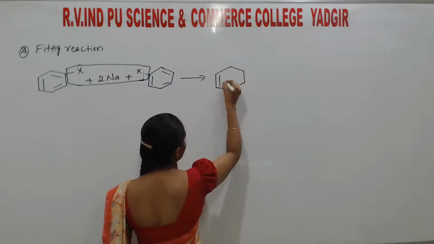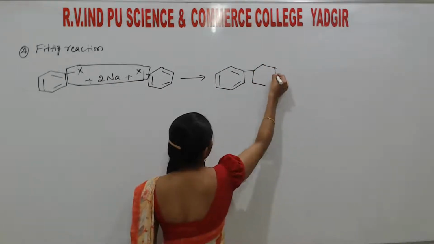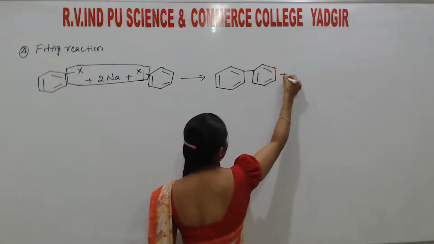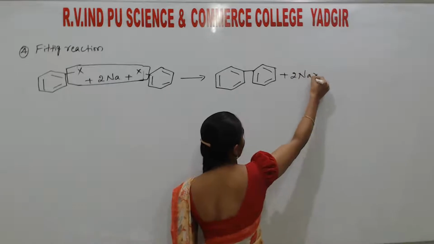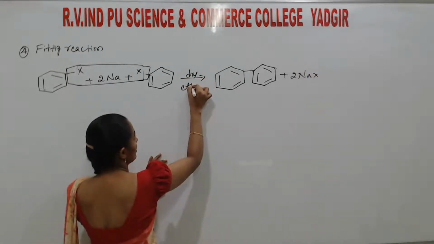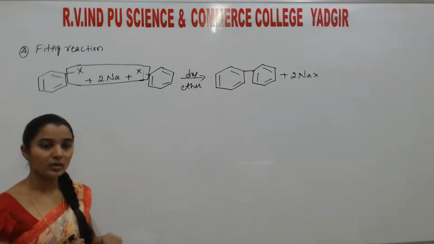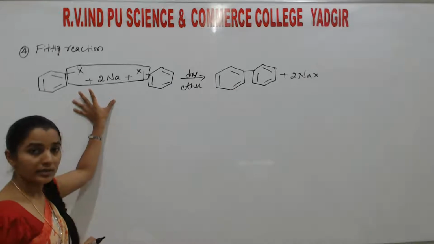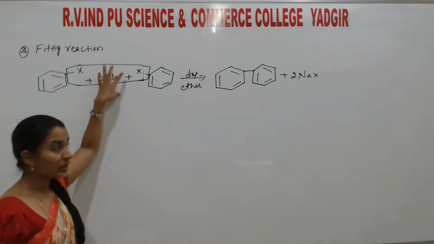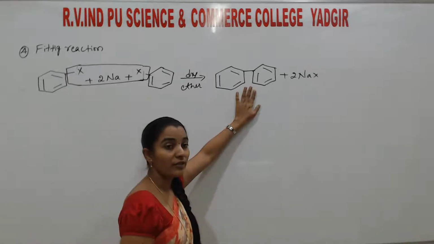Haloalkanes. Here we are going to use dry ether as a solvent. When aryl halides react with sodium metal in the presence of dry ether, they form biphenyls.